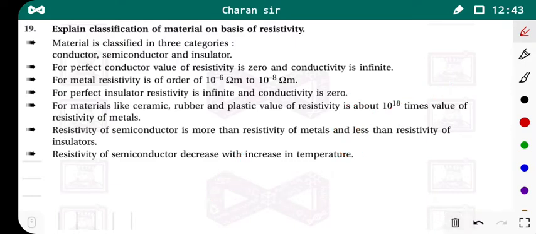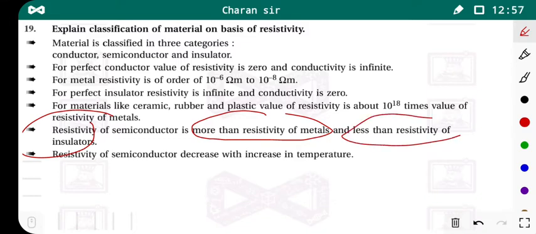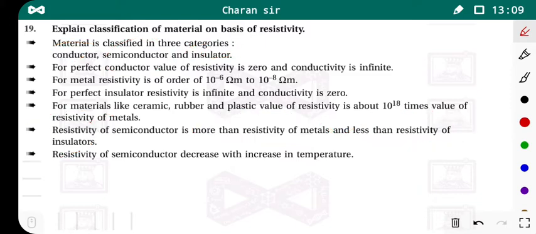Now in between conductors and insulators, we have other materials known as semiconductors. Semiconductors have resistivity that is more than that of metals, but less than that of insulators. So the conductivity is also in between the conductors and the insulators.